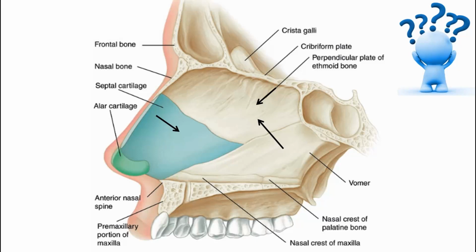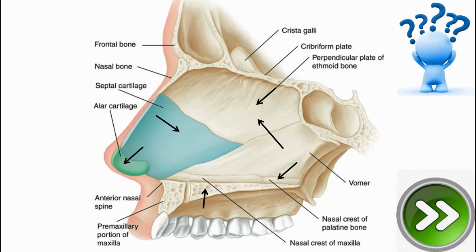These are the two bony parts of the nasal septum, and then you have the septal cartilage making the continuity of the nasal septum. Even the alar cartilage makes the most anterior and inferior part of the nasal septum. The floor is made by the palatine process of the maxilla anteriorly and part of the palatine bone posteriorly.